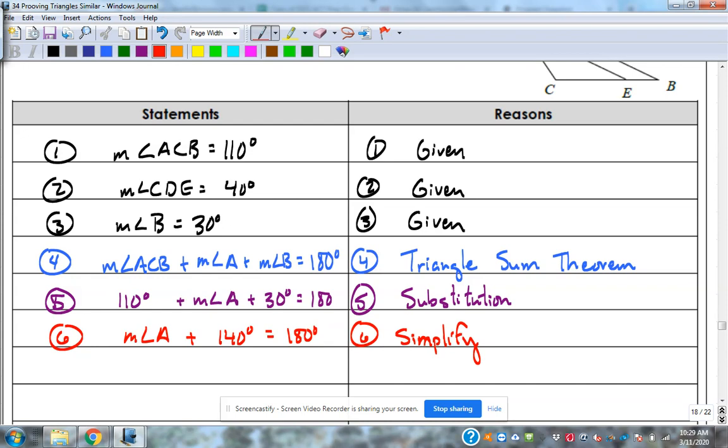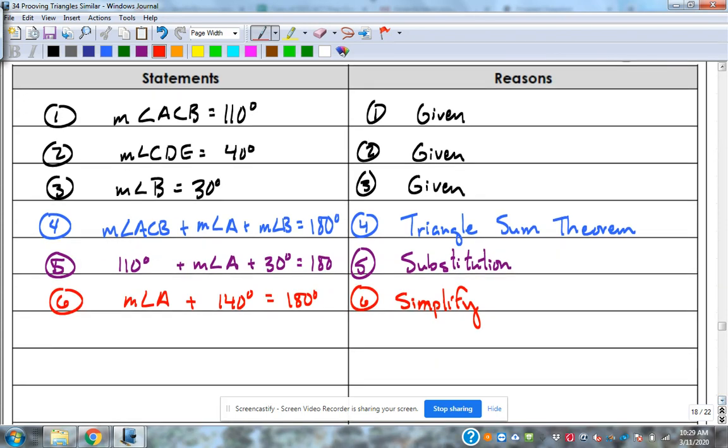And then I can find the measure of angle A from that. Heck, you can just put subtraction problem. You don't have to put a property of equality. We know that's what it is.